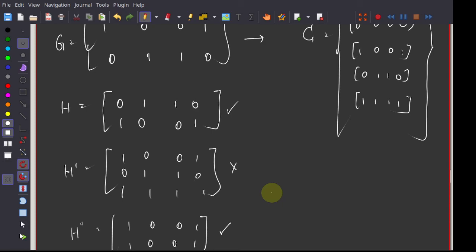You don't get it? What is the definition of the row space, right?